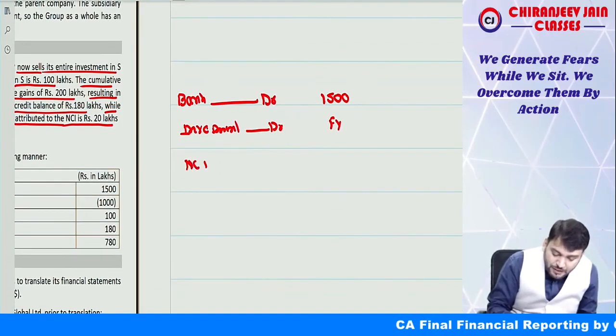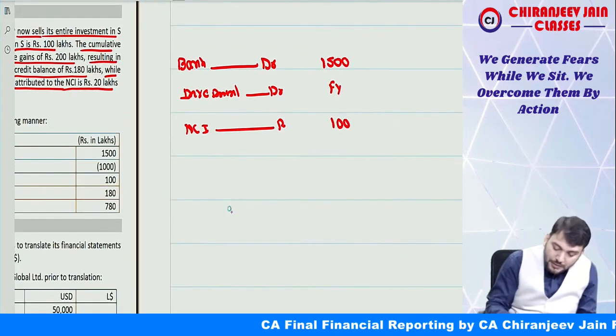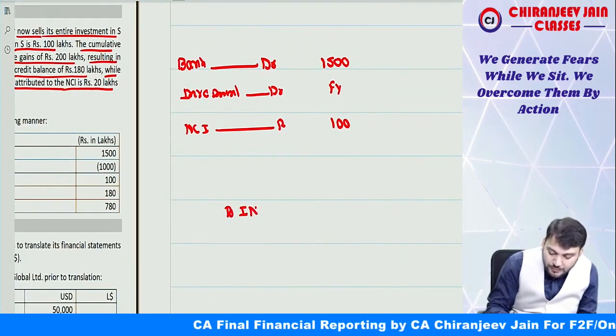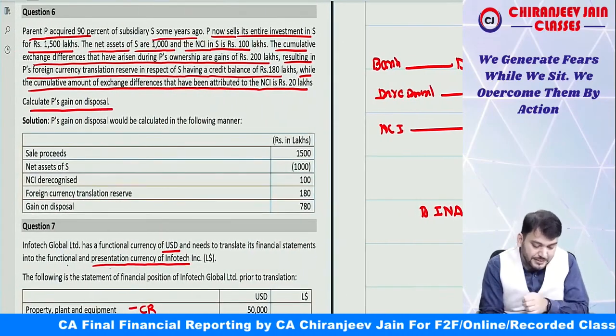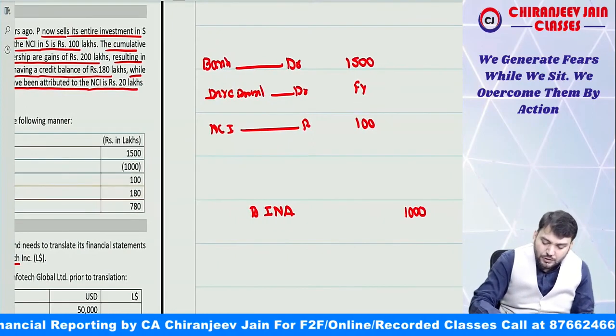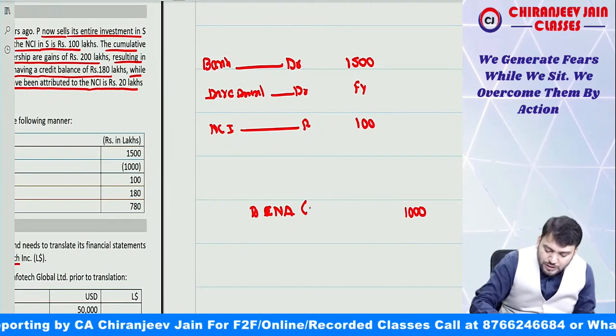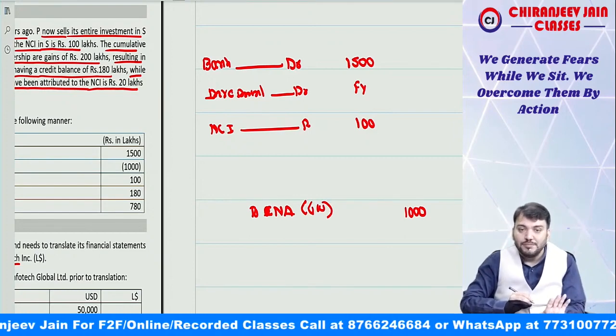NCI will also be eliminated, that is 100. Net assets will also be eliminated. How much is it? It is given as 1000. So they have given net assets, which of course will be inclusive of goodwill. Understood? Yes, sir.